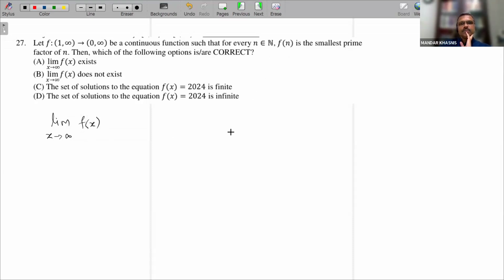So the limit won't exist, because the function will go up, then again has to come to 2, go up, and come to 2 again. At every even integer it has to become 2. So this is correct. And many of you have already confirmed D as the correct answer. Okay, that is fine.